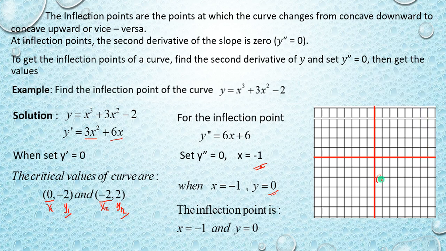This is 0 and negative 2. And also the other critical values are negative 2 and positive 2. Somewhere here. This is negative 2 and this is 2.